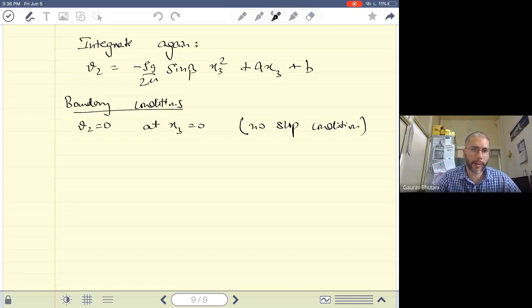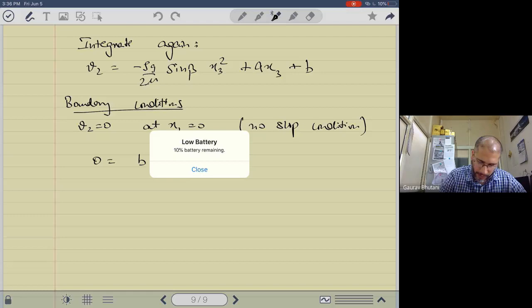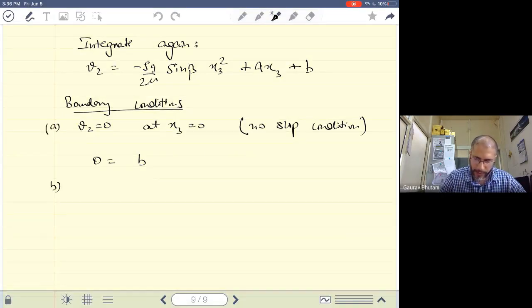So as you go away from it, the flow becomes non-zero, but the flow at the surface is 0. So when we apply that, what we get is 0 equals b, because that means the constant b is 0. So that's your boundary condition 1, and the boundary condition 2 is, let's use 1 and 2 because a and b are constants here.